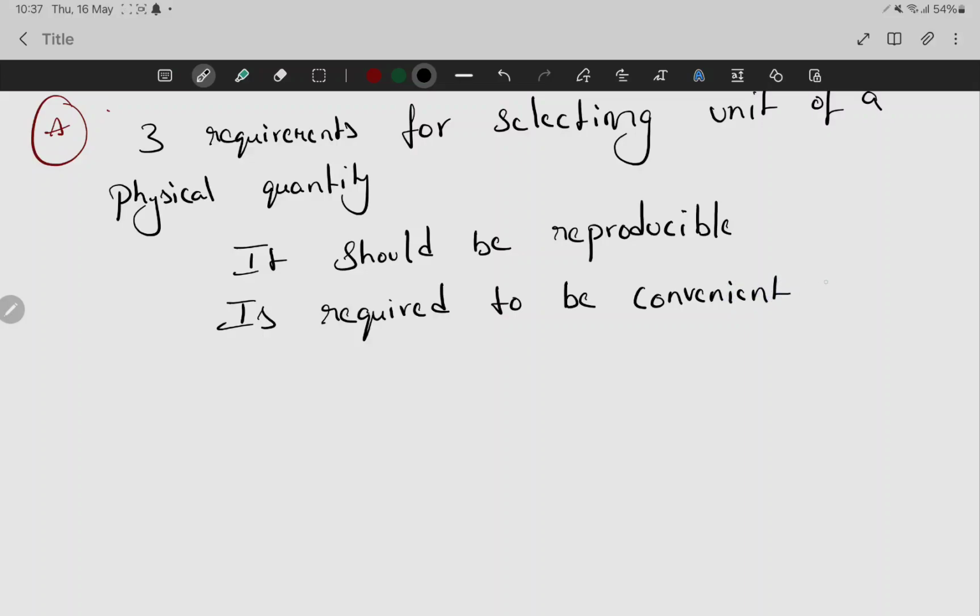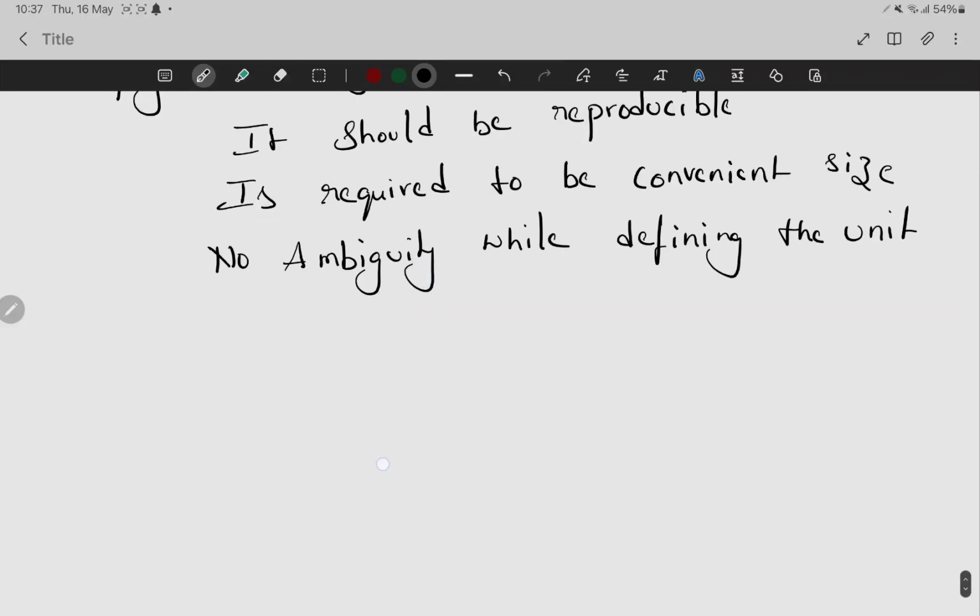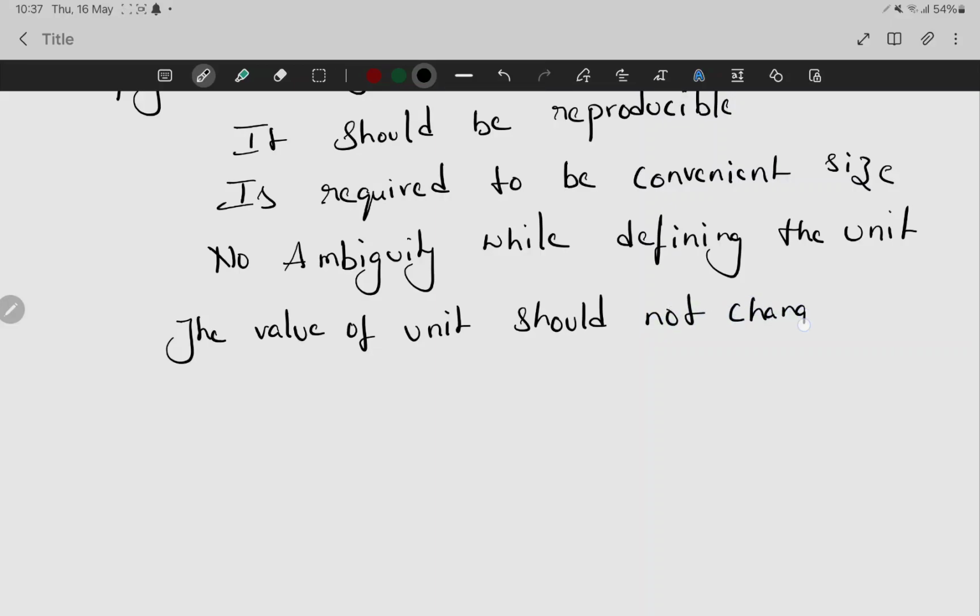No ambiguity, no alternatives, while defining the unit. The value of the unit should not change with space and time.